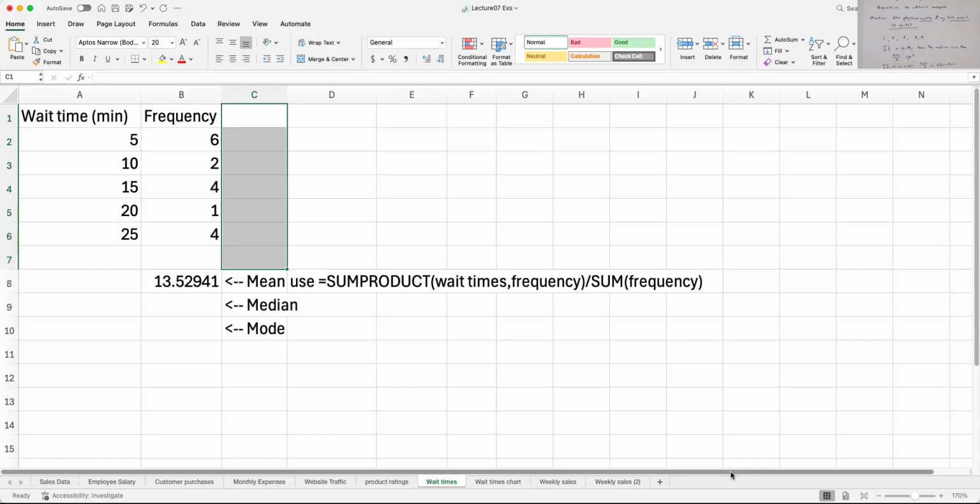Where's the 9th number in the list? Aha! 6 of them here, 7, 8. The 9th one will be in this box, won't it? That's how I find the median. Again, I can do it in Excel automatically, but I need to be able to say, oh, it's in the middle there.